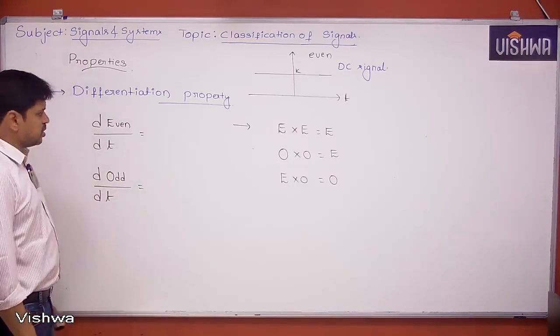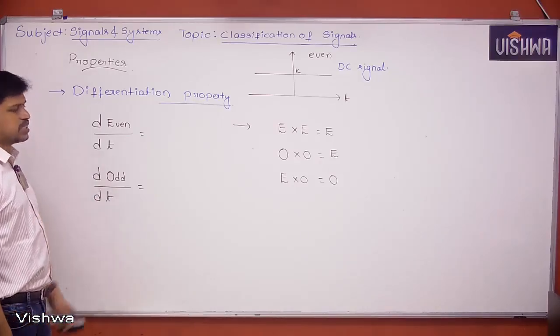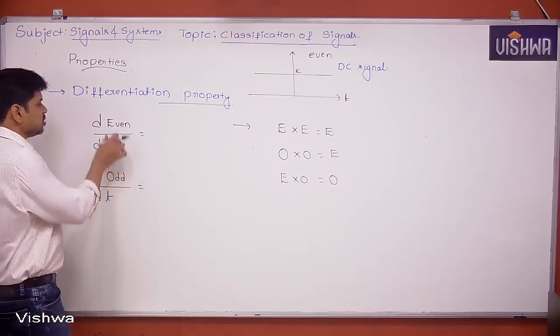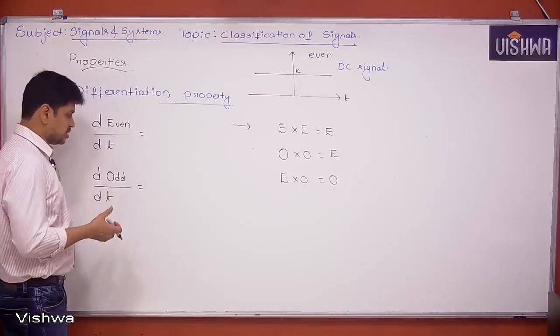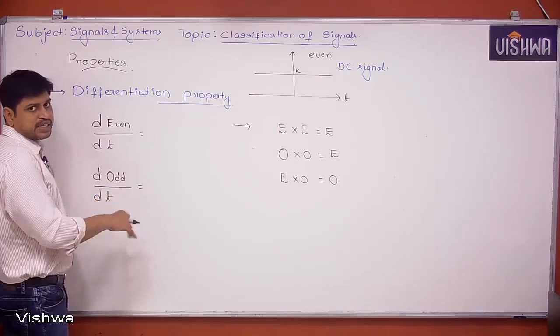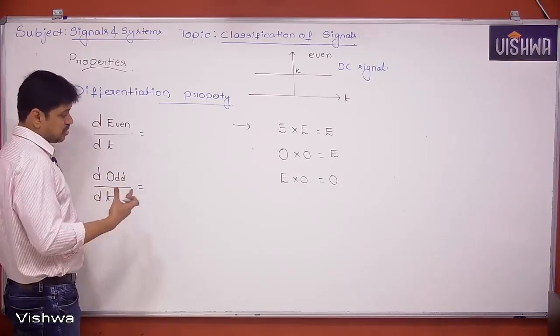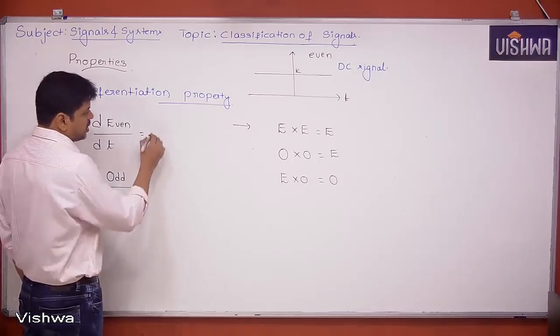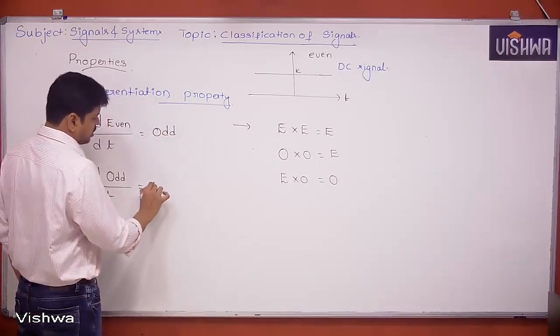For that, just assume even signal means cos t and odd signal means sin t. Differentiation of cos t is minus sin t, which is nothing but an odd signal. Differentiation of sin t is cos t, which is nothing but an even signal. So here we can say simply it is an odd signal and it is an even signal.